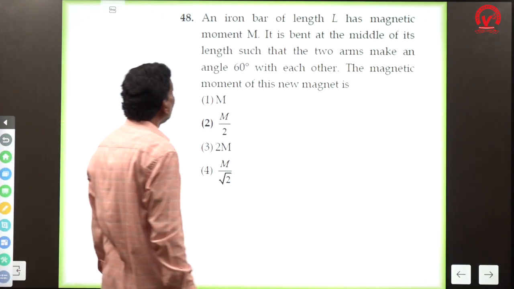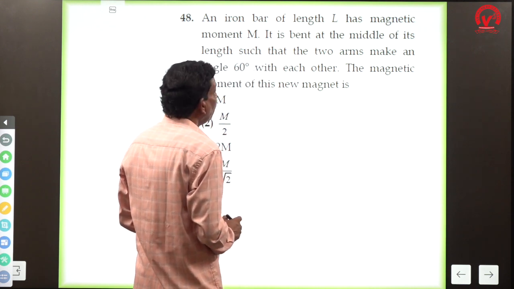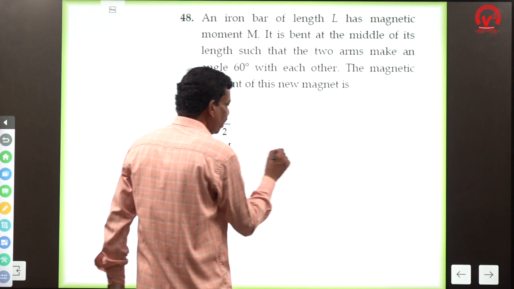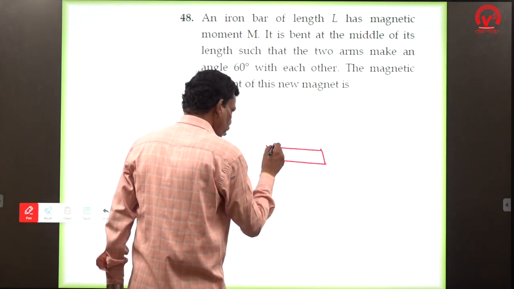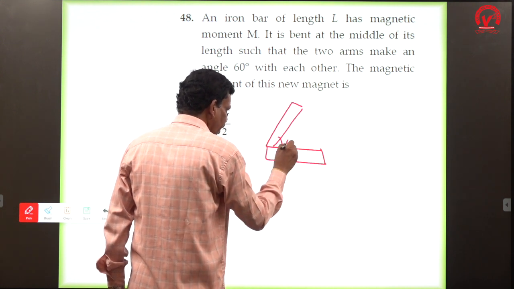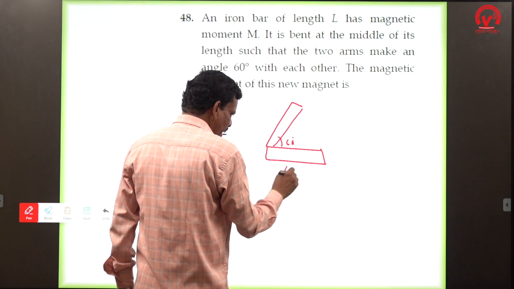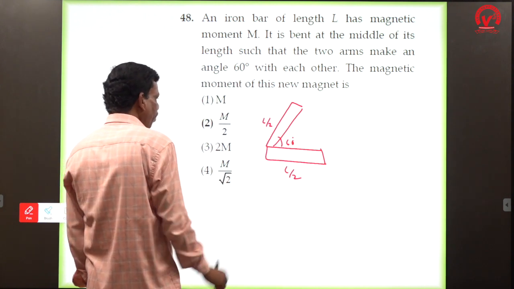Next, an iron bar of magnetic length L is bent at an angle of 60 degrees. Total length L, so each arm is L by 2. What is the magnetic moment?